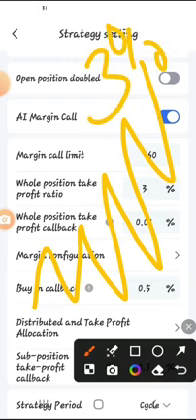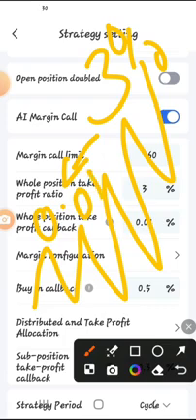When it reaches 3%, and the market tries to go down by 0.01, where I have said whole position take profit callback, then the robot will trigger and give you a percentage when the 0.01 has been deducted.